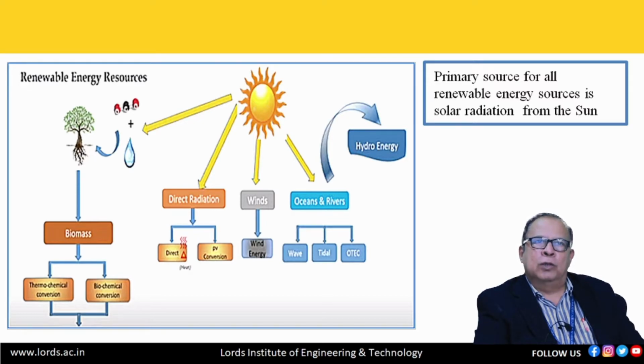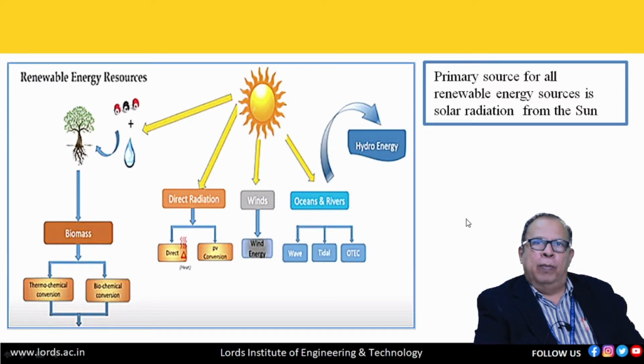Similarly, biomass, that is plants, also produce starch or food in the presence of sunlight. We know that. We have deliberated on these technologies in my earlier lecture. So today I will be focusing my lecture on ocean energy, right?